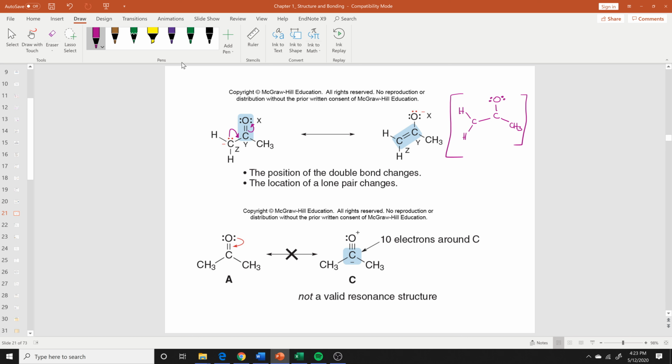Now see those electrons, I am moving them, so I cannot put them right now. This is not right. So now my electrons are moving between the carbon and the oxygen. Between the carbon and the oxygen, in one resonance structure it is a single bond, in the other resonance structure it's a double bond.